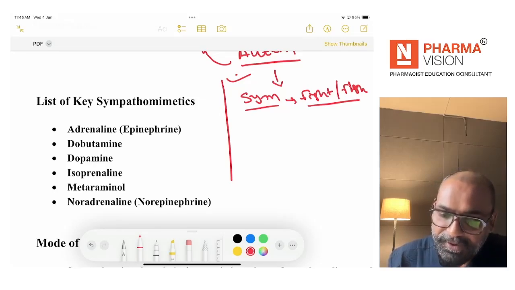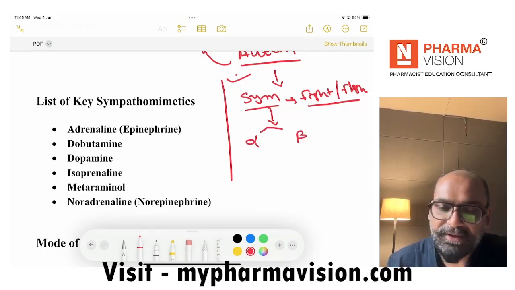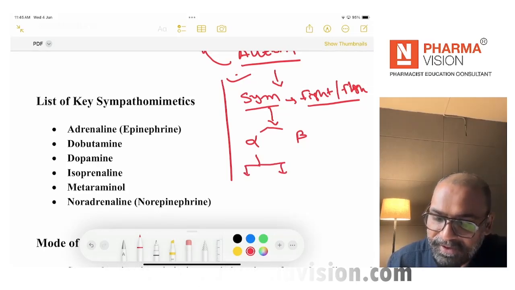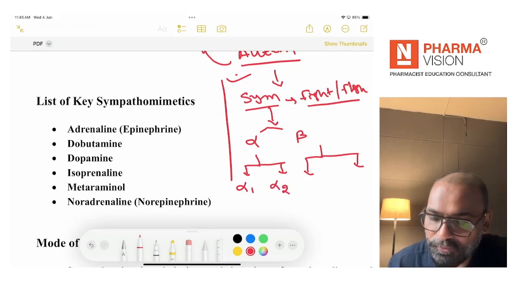The sympathetic system mainly works on alpha and beta receptors. These are the two main receptors acting. When we further divide these receptors, we get alpha 1, alpha 2, beta 1, beta 2.